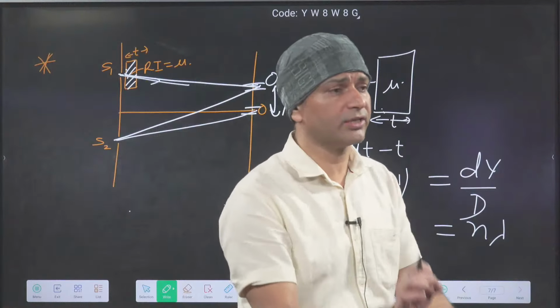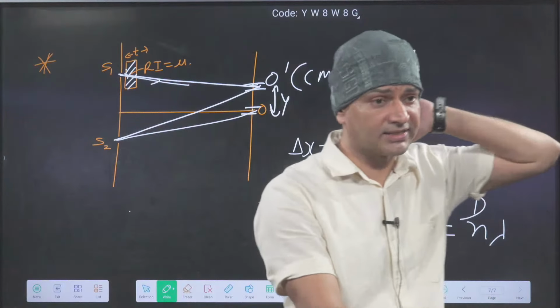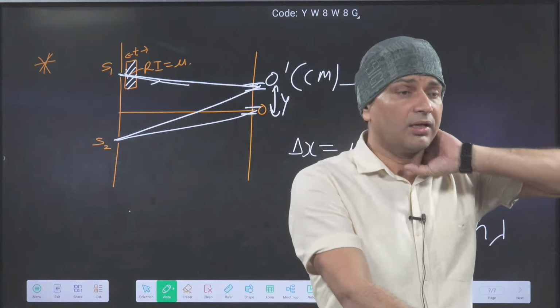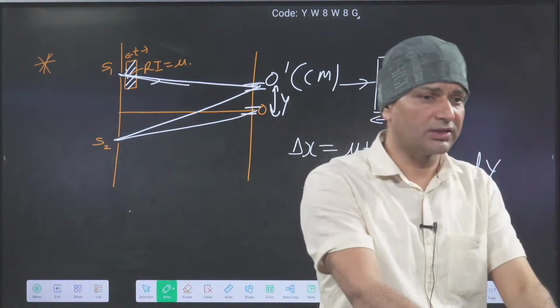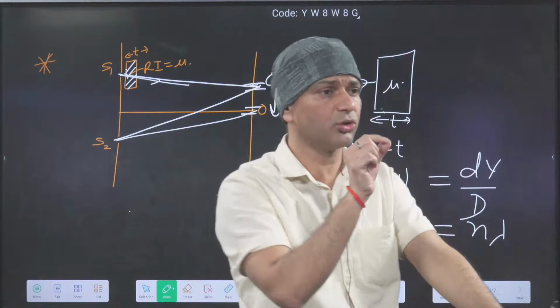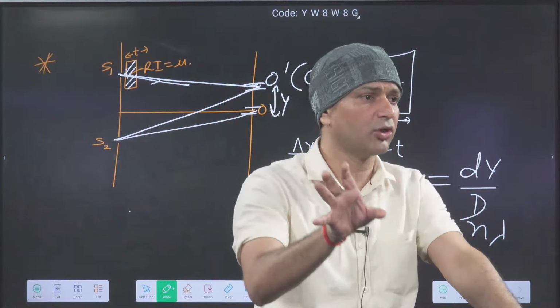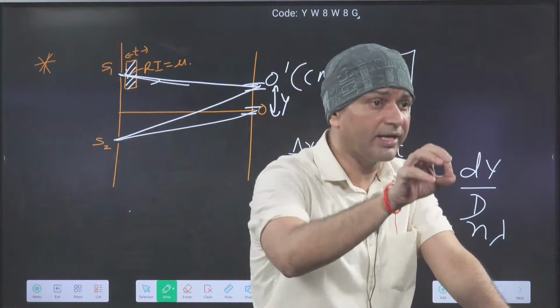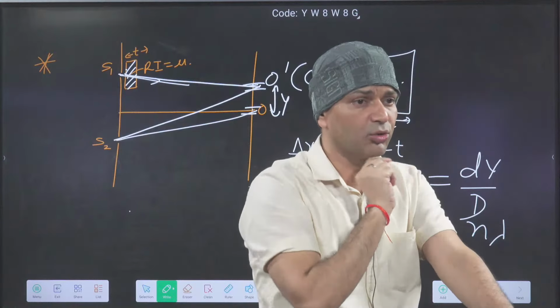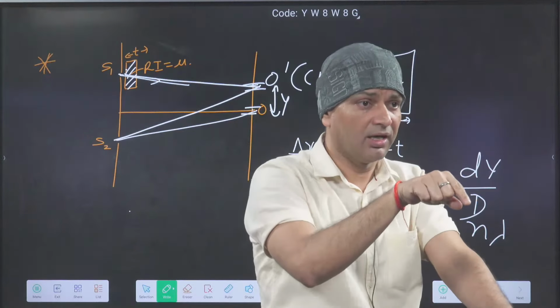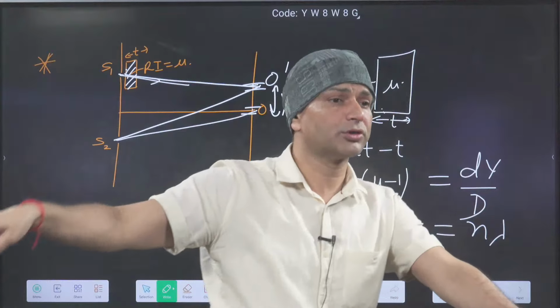One more thing you have to remember: in YDSE, if they are asking about changing the width of the slit, as I said in the beginning also, intensity we directly take with the width of the slit. In JEE Main 3-4 years back they asked a question in which they mentioned to take the width directly proportional to amplitude.